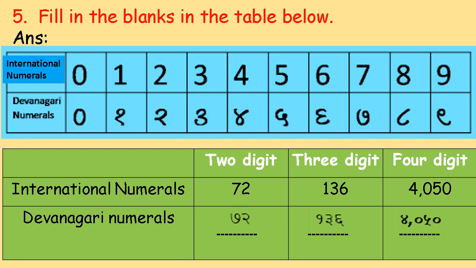In the table, 2-digit, 3-digit and 4-digit international numerals are given, and we have to write those numbers in Devanagari numerals as shown in the table. Similarly, you can make your own international numerals and practice to write it in Devanagari numerals.